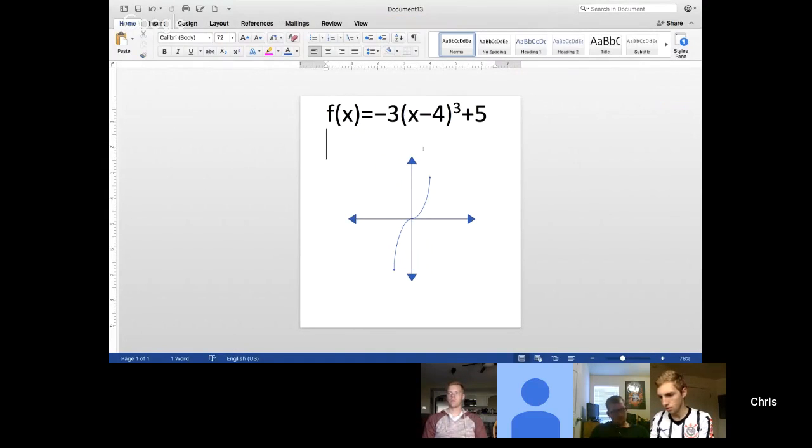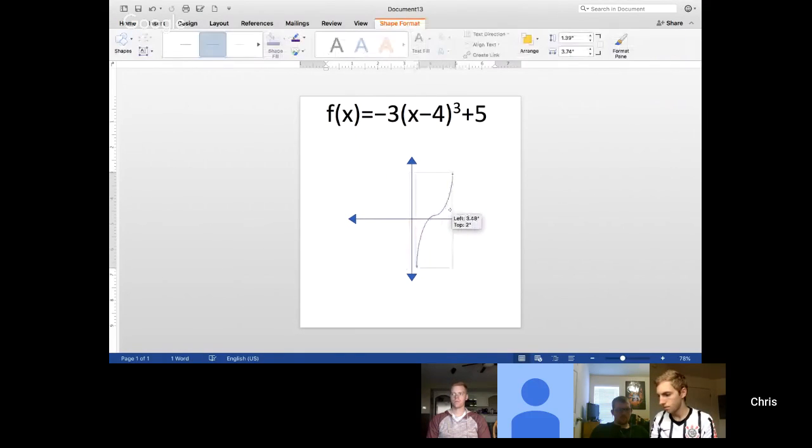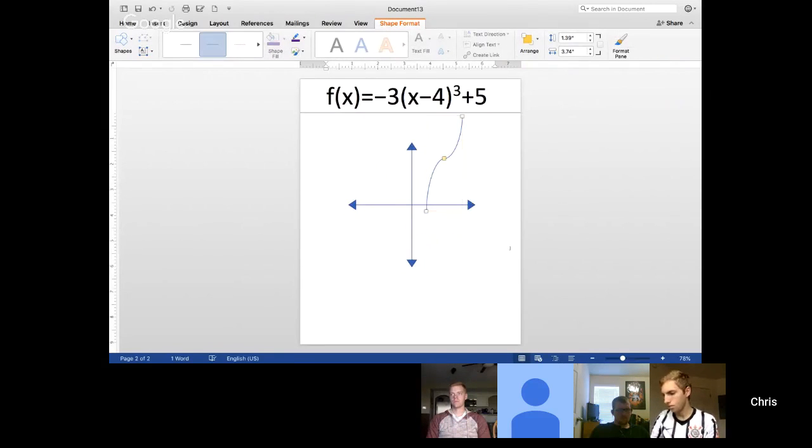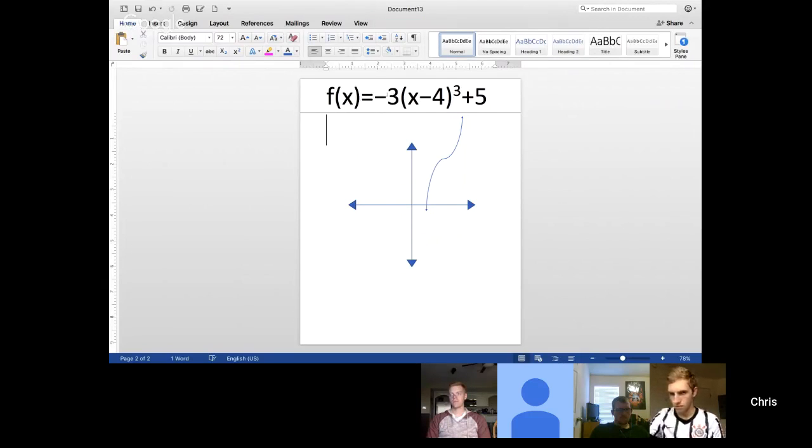And we know that inside here is a -4, so we have to move it to the right 4. And then we have to move it up 5. And then this -3, if I'm not mistaken, that triples everything, or in this case, divides everything by 3. Let me check to make sure that's the case.